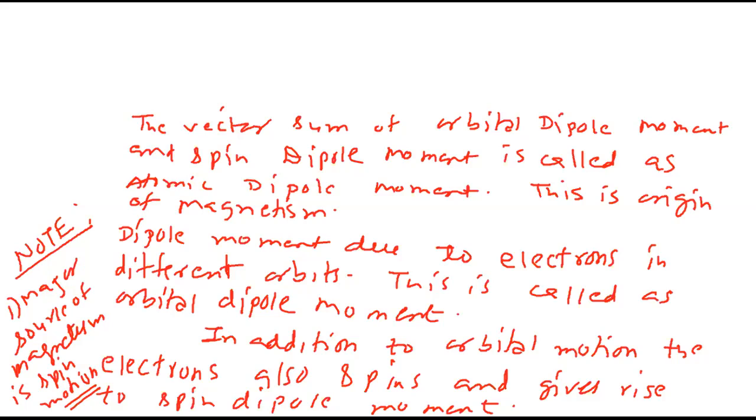Major source of magnetism is spin motion.